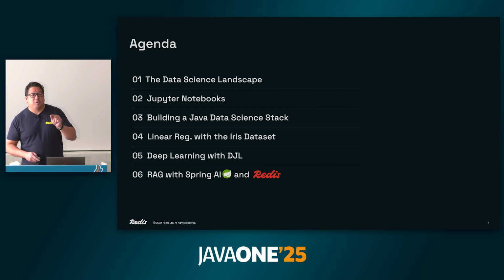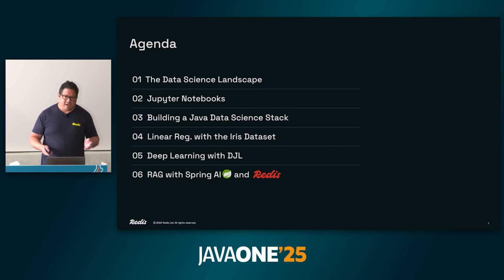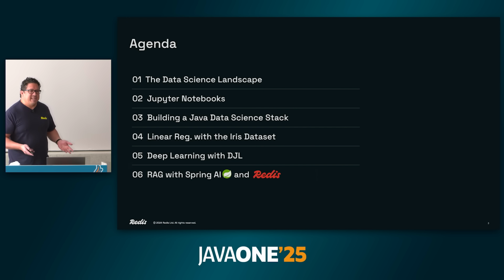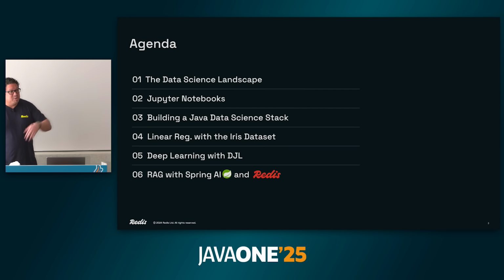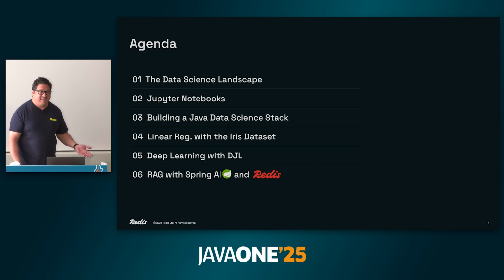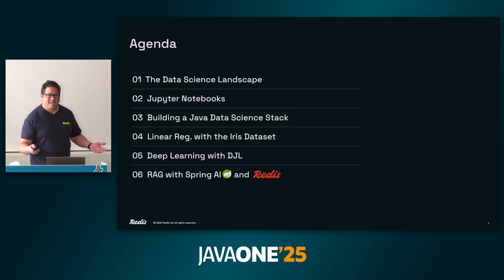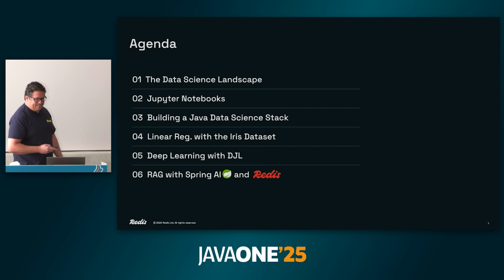This is not Deeplearning4J. This is DJL, which is a different framework, currently maintained, but also a gigantic download. So things are getting better in the Java world. And then we're going to talk about doing RAG on a Jupyter Notebook with Spring and Redis. I have to throw Redis in there because hey, we're a vector database, and we do it really well.